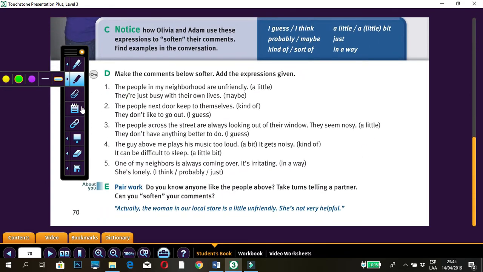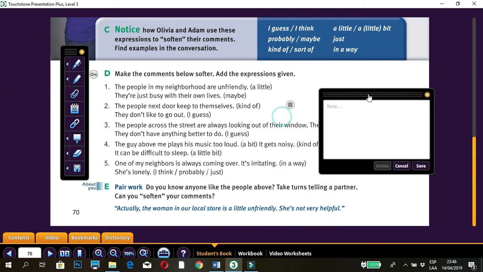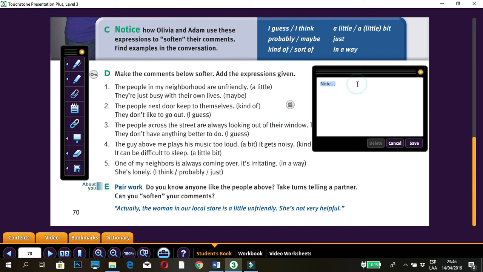So right now, we're going to work with these. Make the comments, okay? Make the comments below softer. Add the expressions given. So we have to make these expressions softer. Okay, so for example, the people in my neighborhood are unfriendly.